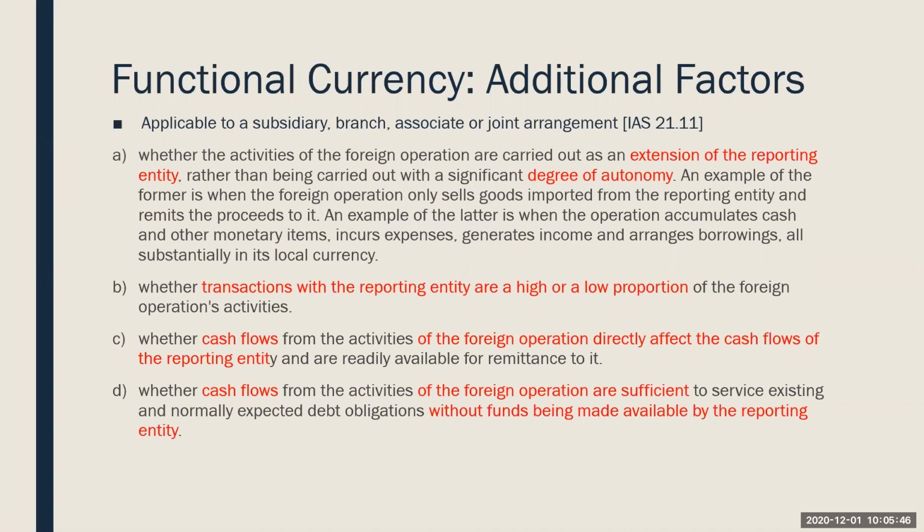How much does it rely on the Canadian parent company or the Canadian investor company for meeting its debt obligations? If it's extremely reliant, then we would argue that the foreign operation is basically an extension of the Canadian parent, a Canadian investor, and the Canadian dollar should be the functional currency.